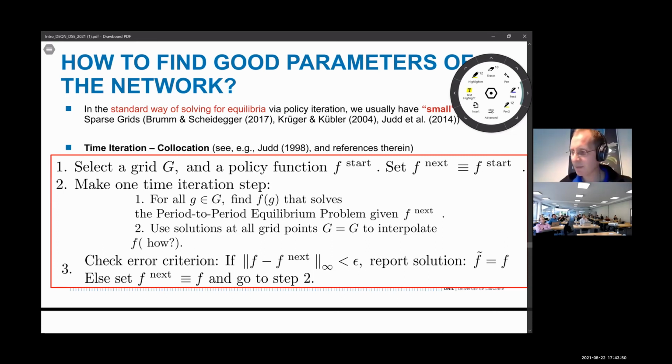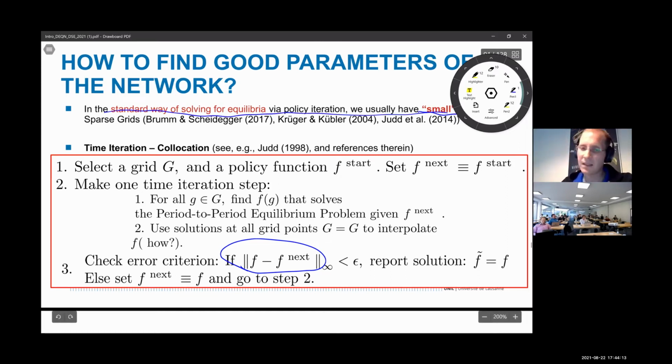Then we proceed until some error criterion is satisfied. Generating this data would be a typical supervised approach, right? You have X and you have Y, and then you approximate the function. The way to generate data is typically expensive, hence we have small data.